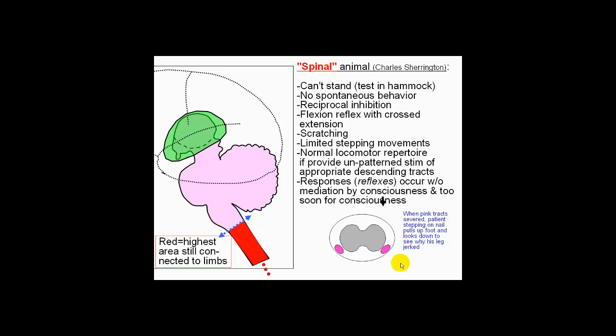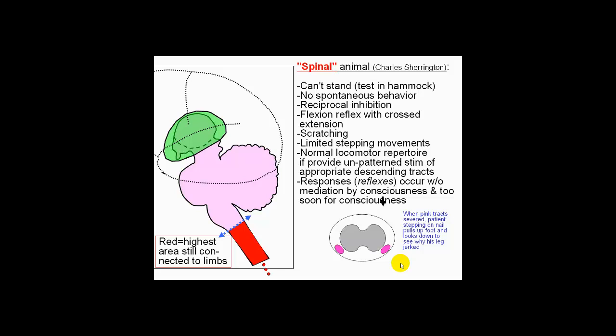And, of course, in an intact animal, there are all sorts of tracts of fibers running up and down between the spinal cord and the rest of the brain. This was discovered after Sherrington, later on: if you activate, just at random, nerve fibers that are descending down into the spinal cord from above and get the right ones, even though it's totally random activity, this animal will actually start walking, even though he's only got a spinal cord.